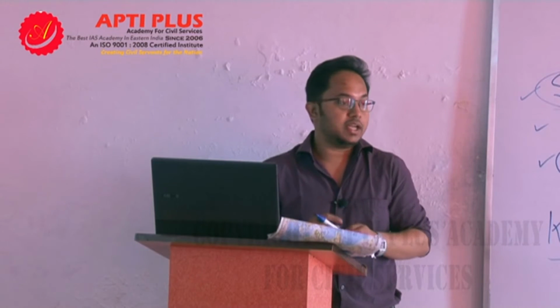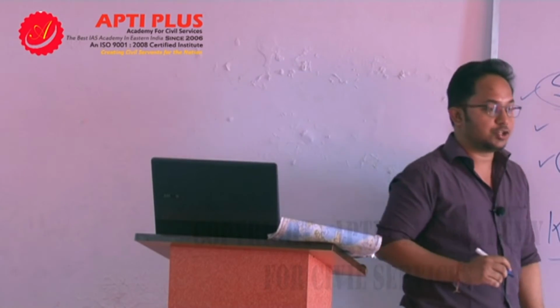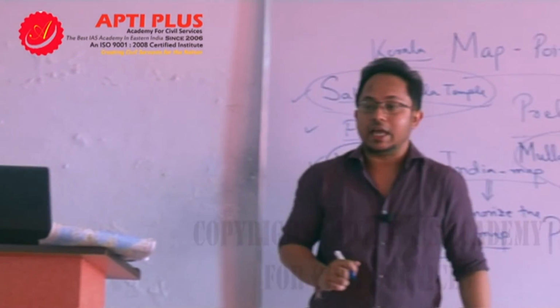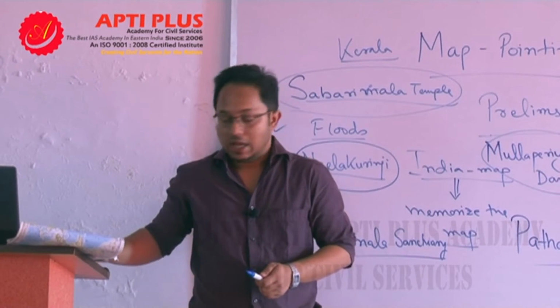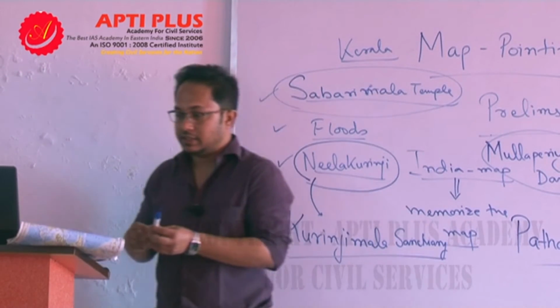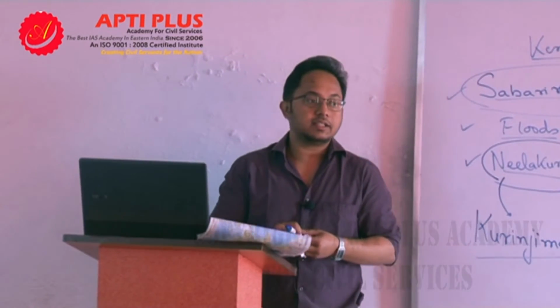This is why it was in the news. Jamal Khashoggi. Next is the capital of Turkey. Which is the capital of Turkey? Capital of Turkey is Ankara.